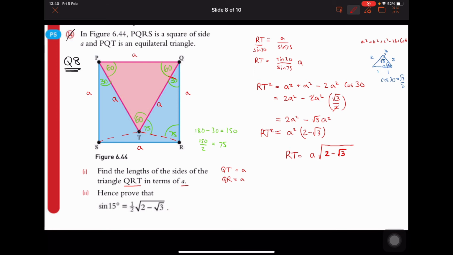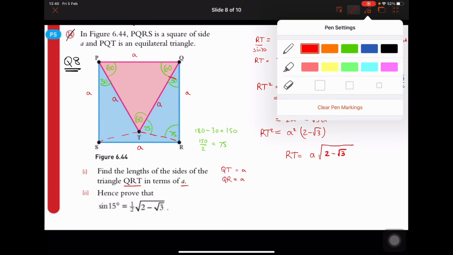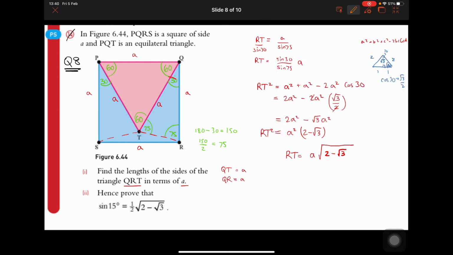Okay, so sine 15. I always think to myself, where are they getting the sine 15 from? So this triangle at the bottom, this angle is 15.